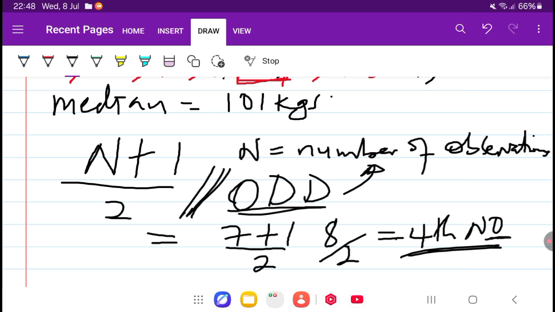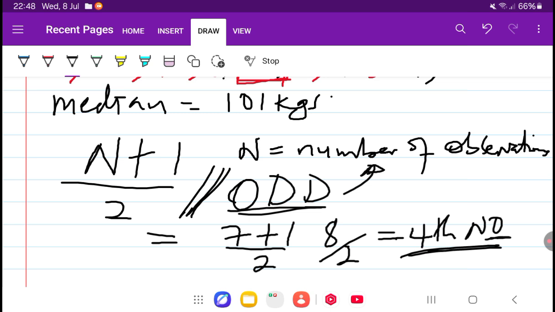Once you use the formula, it gives you the position where the median lies. So we have got a 4. We are going to count 4 numbers.